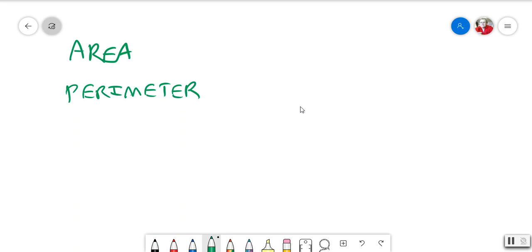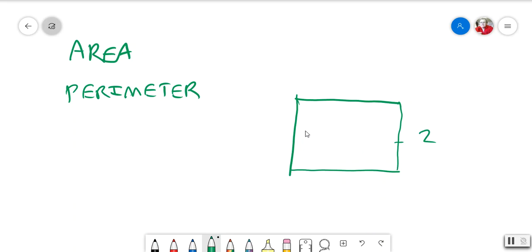Okay. If you have any polygon, any shape in a plane, and let's say this is 2 units wide, 1, 2. Let's say this is 3 units long. 1, 2, 3.